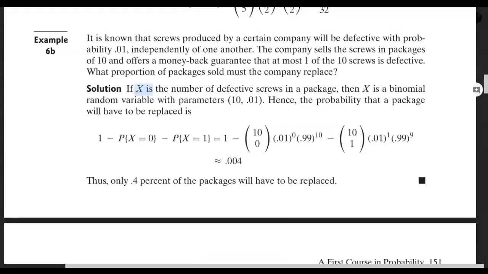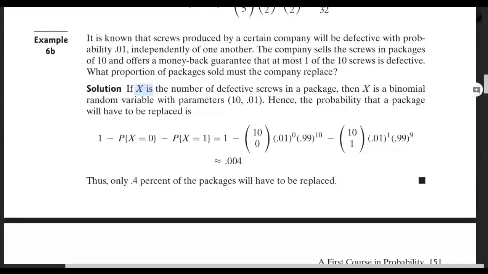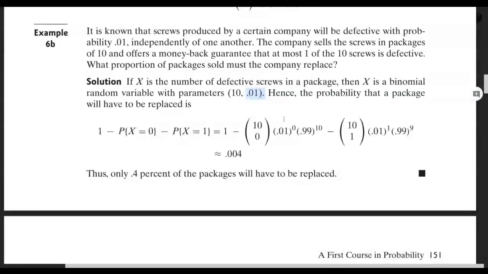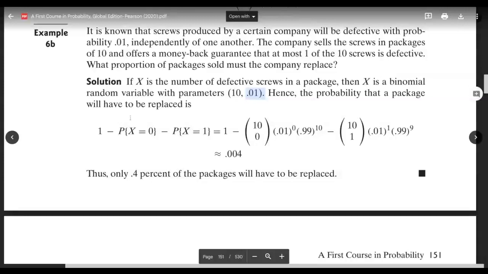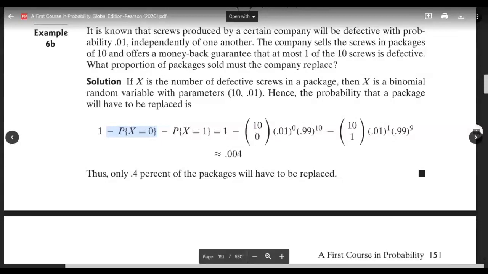So let X represent the number of defective screws in the package. Then X is a binomial random variable with parameters: each package has 10, and the probability of defective is 0.01. So the probability that a package will have to be replaced is 1 minus the probability of no defect or 1 defect, because it has to be more than 1, right?